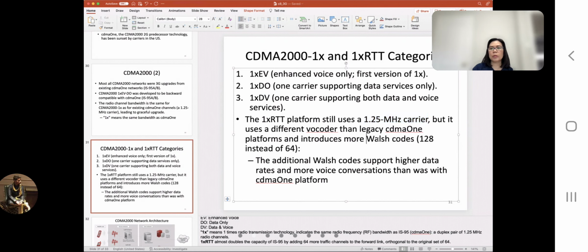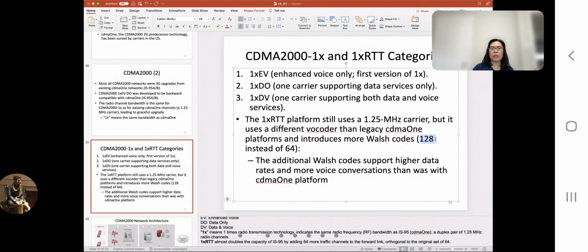Remember last time we talked about CDMA, we said that Walsh codes has 64 codes. That means you can support 64 users at the same time on the same frequencies. Now, with 1X RTT, they use the same bandwidth, but a more advanced codec, and now they can support 128 codes.